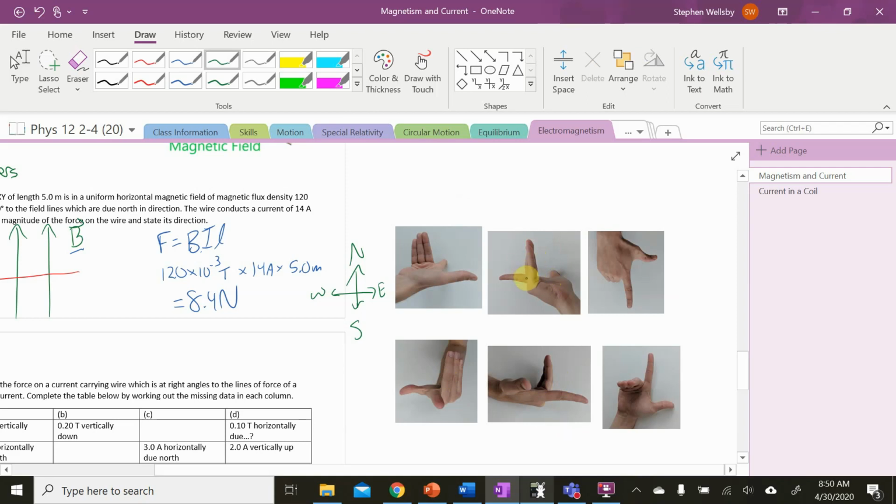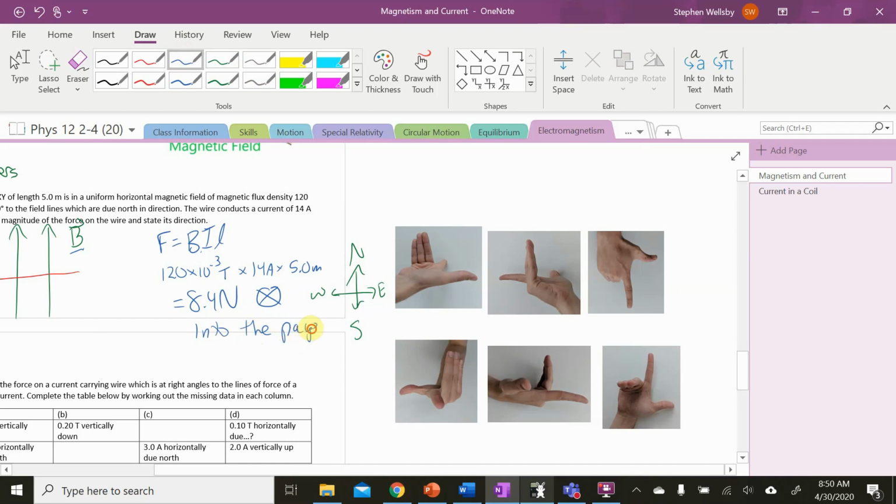In this case here, the field lines are pointing north and the current is pointing west. And so what direction is my thumb pointing? Well, my thumb is pointing, as you can see in the picture, into the page. And so if I want to know the direction of the force, well, the force is going to be 8.4 newtons, and it's going to be into the page.